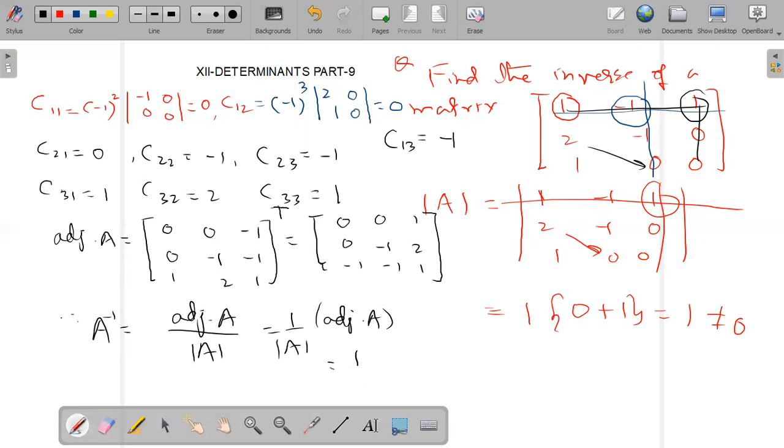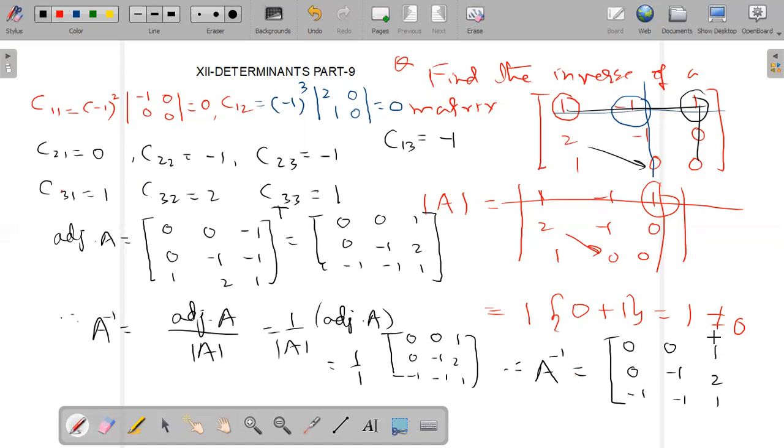The determinant is 1, so 1 by 1, and the adjoint is the matrix 0, 0, 1, 0, minus 1, 2, minus 1, minus 1, 1. If a number like 1 by 2 comes, we multiply inside. So we get the inverse: 0, 0, 1, 0, minus 1, 2, minus 1, minus 1, and 1.